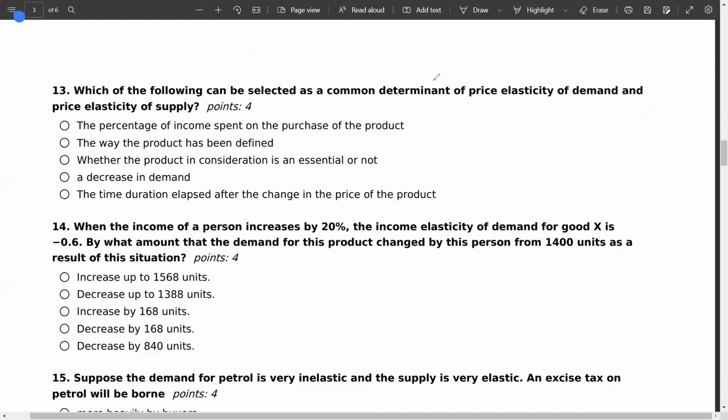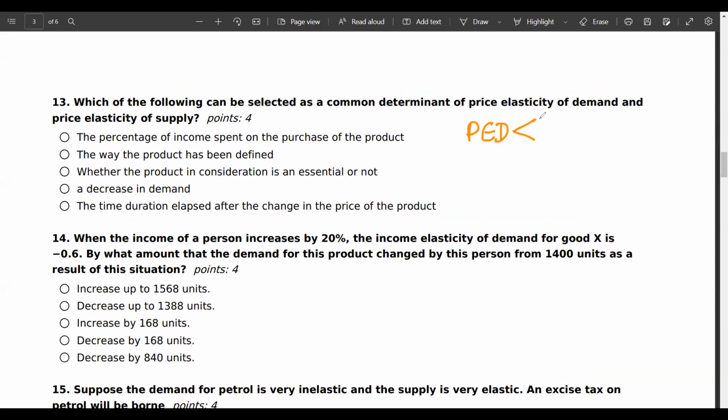Next question is, which of the following can be selected as a common determinant of price elasticity of demand and price elasticity of supply? Now, it goes like this, okay? If you take PED, normally in the real world you can find mainly two types: elastic, the greater than 1 PED, and inelastic, the less than 1 PED.